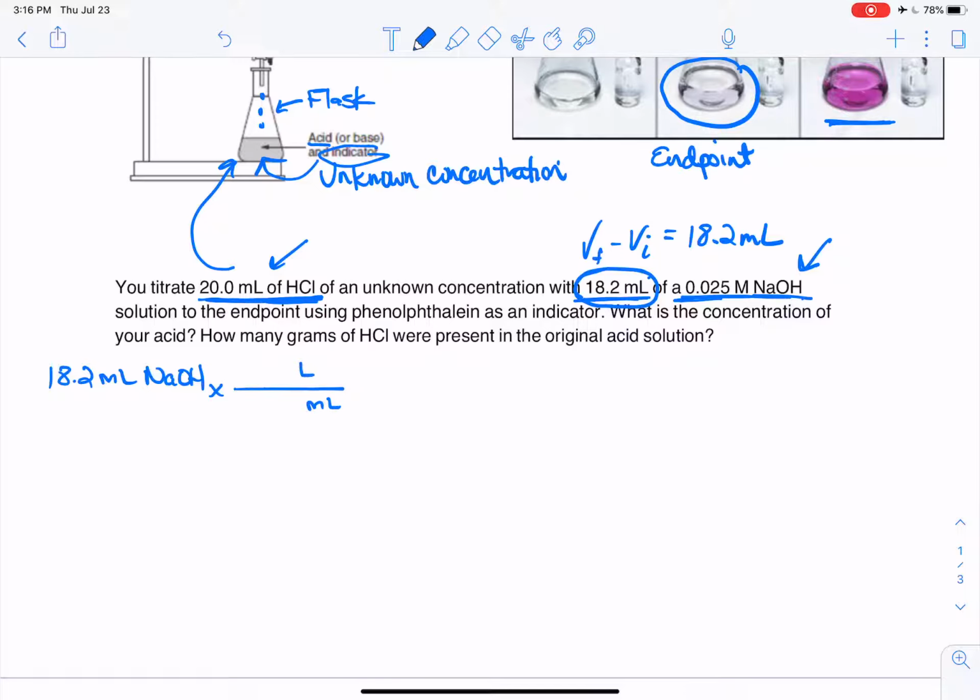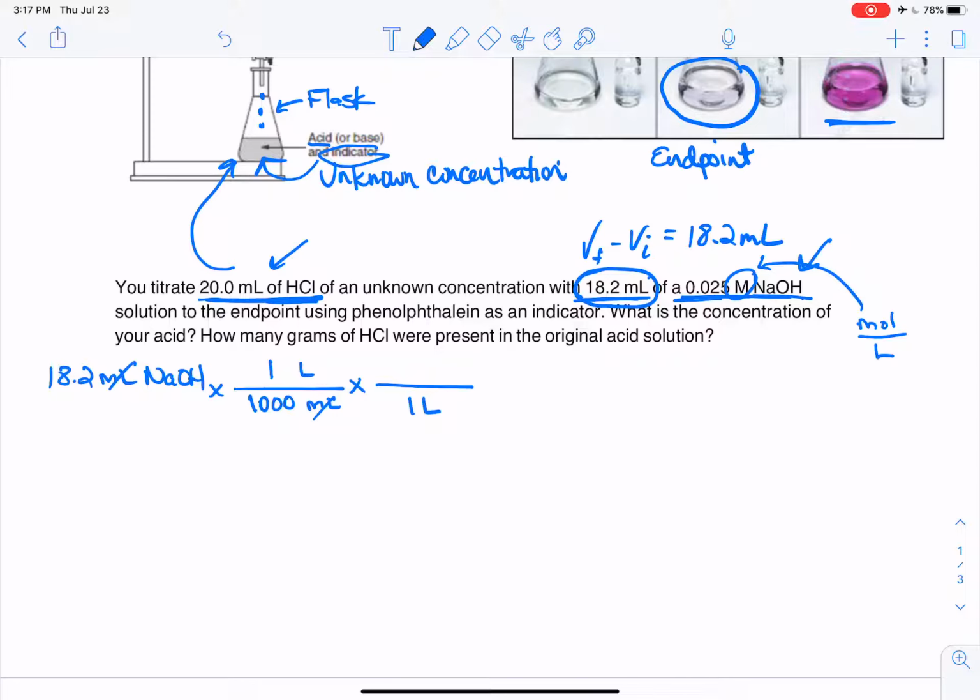So now you want another conversion factor, and you want to get rid of liters. So you need to put liters on the bottom here. Now, do we have anything in the question that relates liters to something else? Anything else so we can get out of liters? Yes, we do, because the big M is molarity, and that's the same thing as moles over liters.